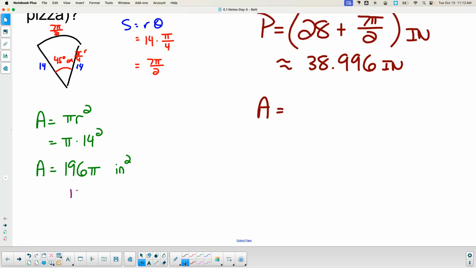Let's see, so 196 over 8. Let's see, both can be divided by 4. So that goes to 2.